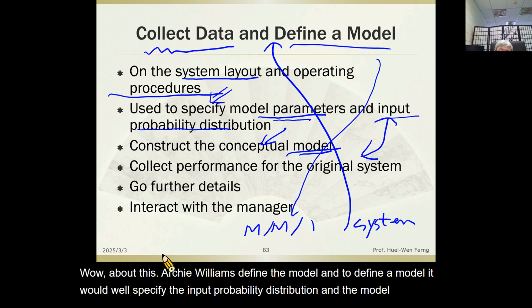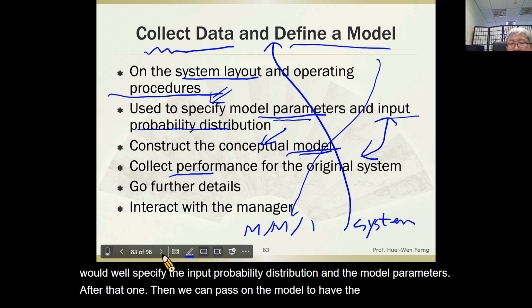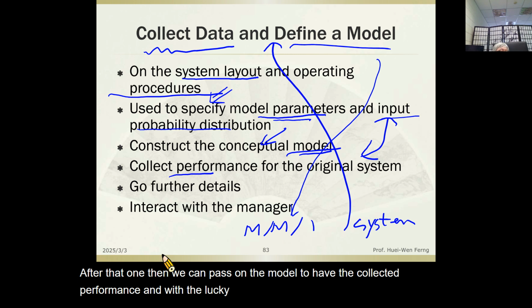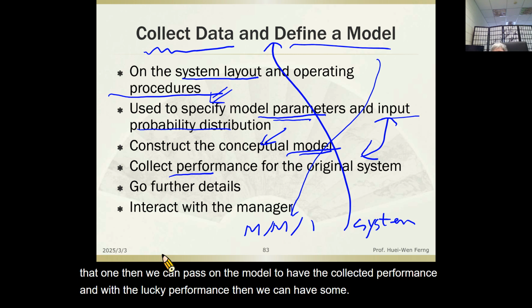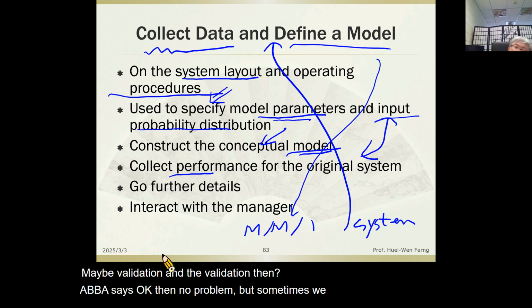After that, we can pass on the model to have the collected performance. And with the collected performance, then we can have some validation. And if the validation is okay, then no problem. But sometimes we will have some further problems.